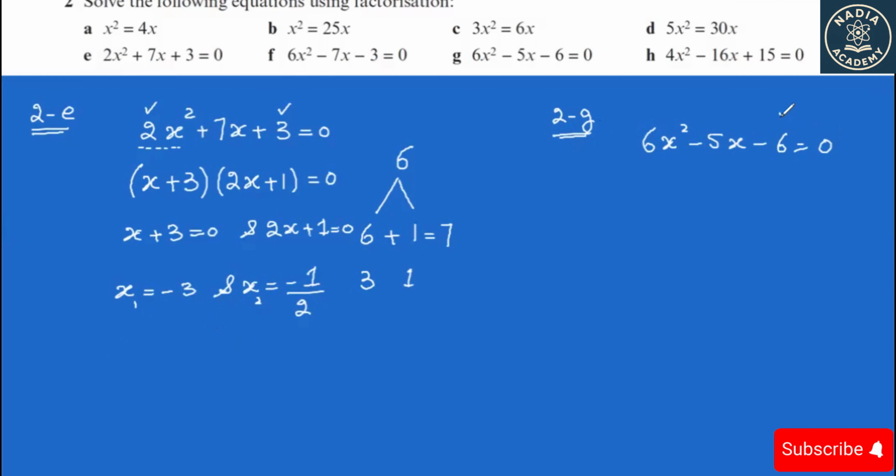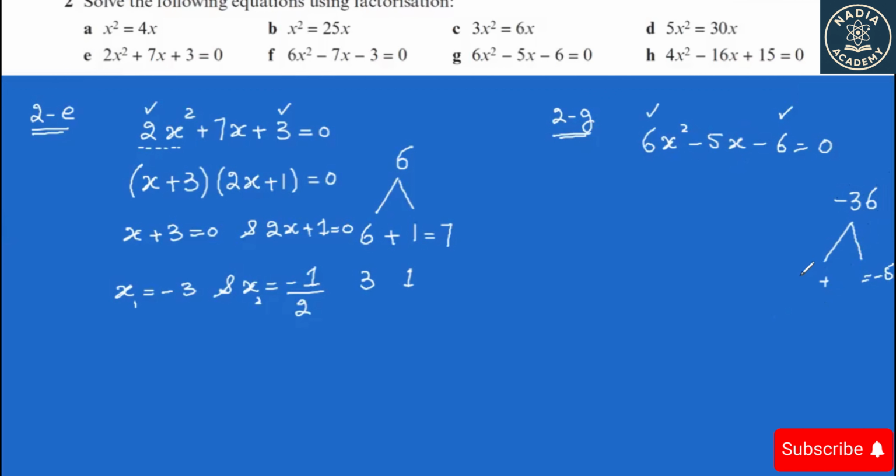Now we have negative 6 here and a 6, meaning the c value is negative 6 and the a value is 6. Their product is negative 36. Now we need to find two factors of 36 that actually add up to negative 5. So our addition must be negative 5.